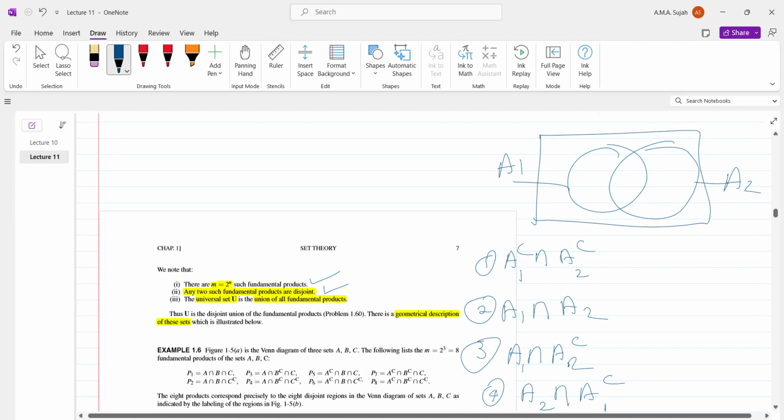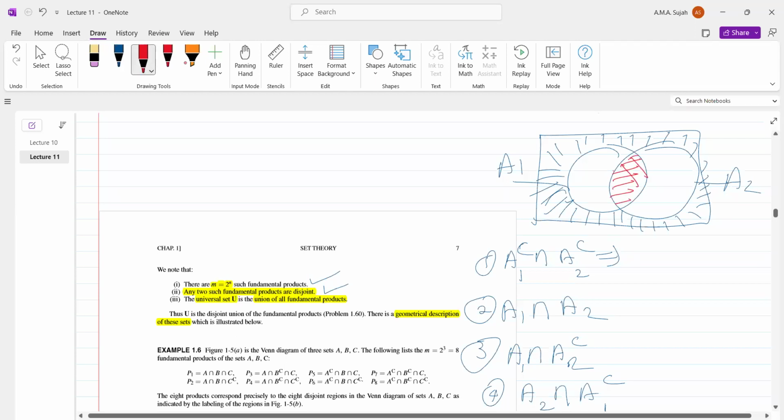So A1 complement intersection A2 complement means the common area of A1 complement and A2 complement, this area. If you think about A1 intersection A2, it means this area.